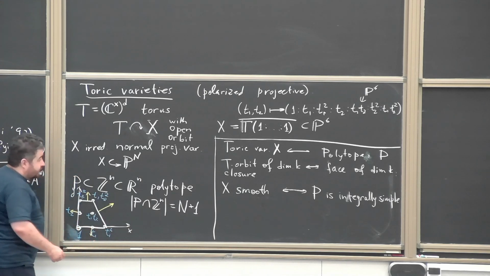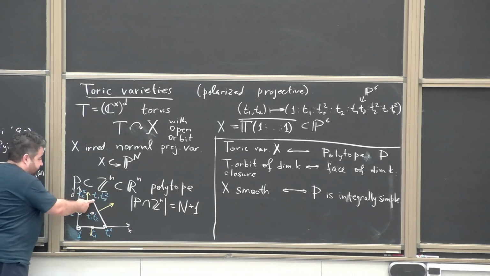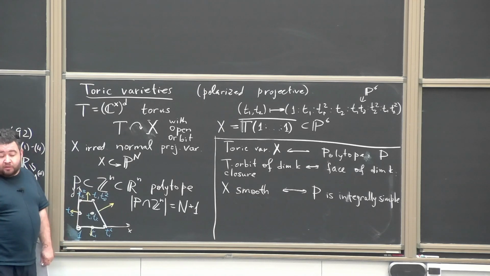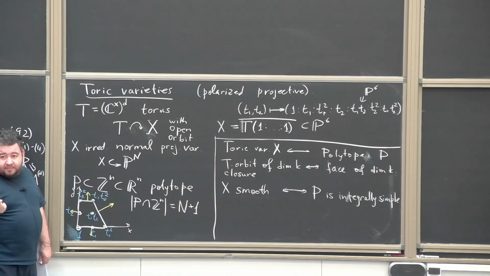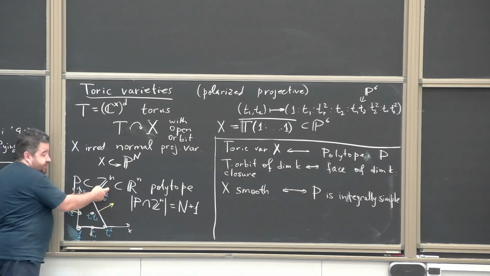For every vertex you'll get as many normal vectors as the dimension of your space, since you have that many faces. And if they form a basis of my lattice Z^n, it means this is an integrally simple polytope.